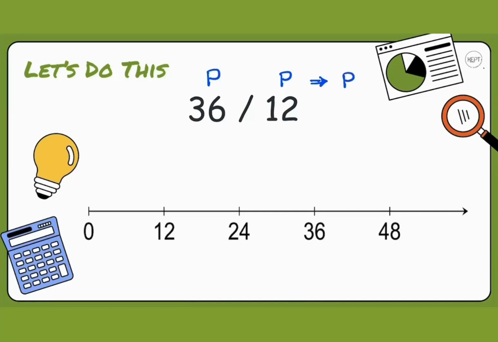Now, when we're dividing, we're trying to move as close to 0 as we possibly can because we want to divide everything or share everything out evenly. Now, this dividend is the number 36, and just to make it easy, I have outlined this number line in spaces of 12.